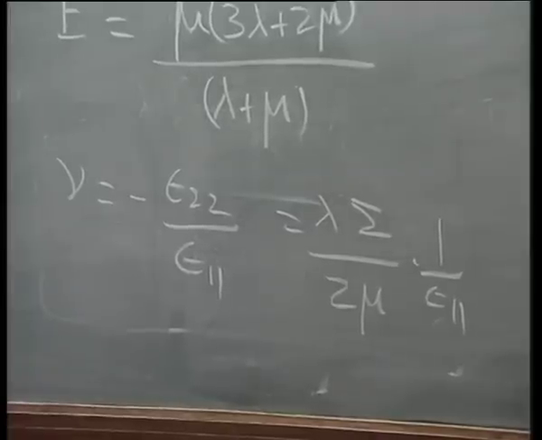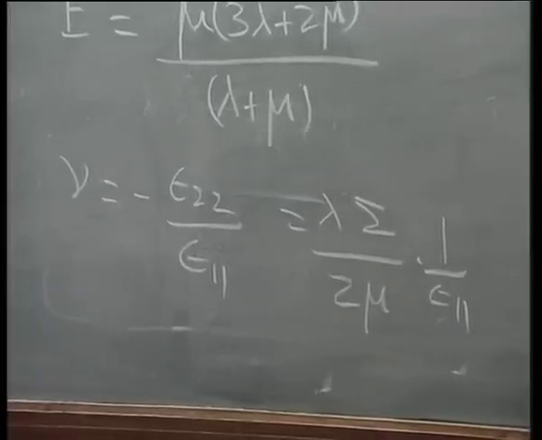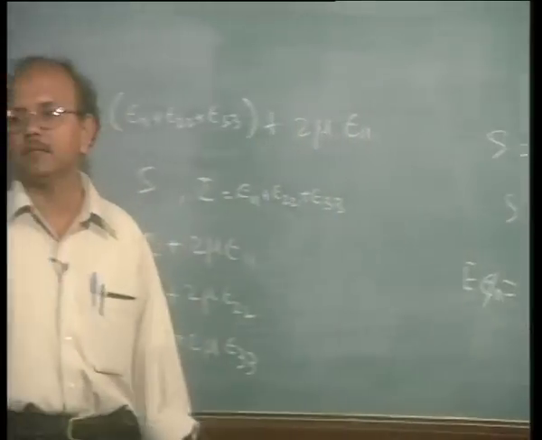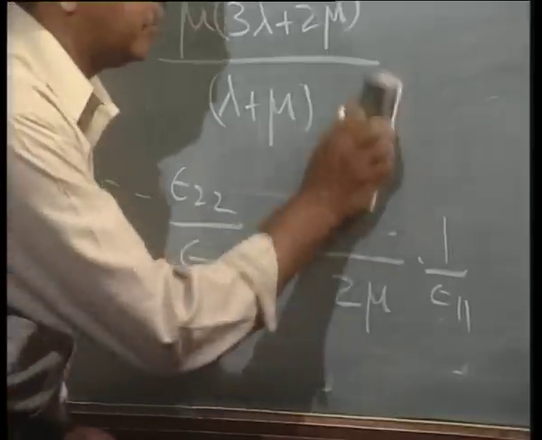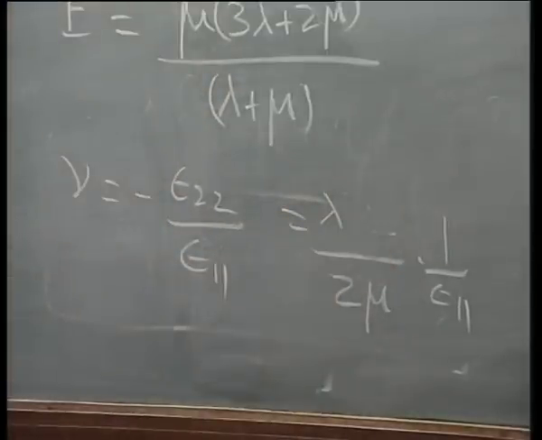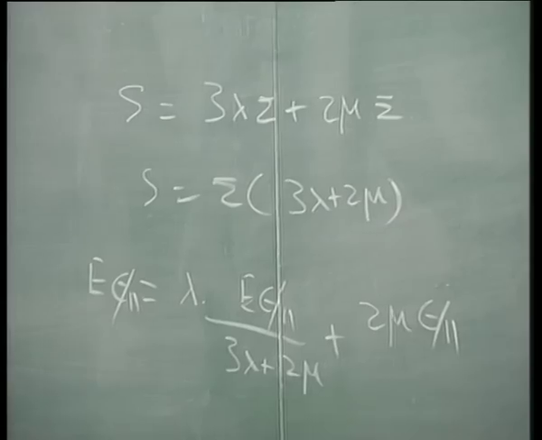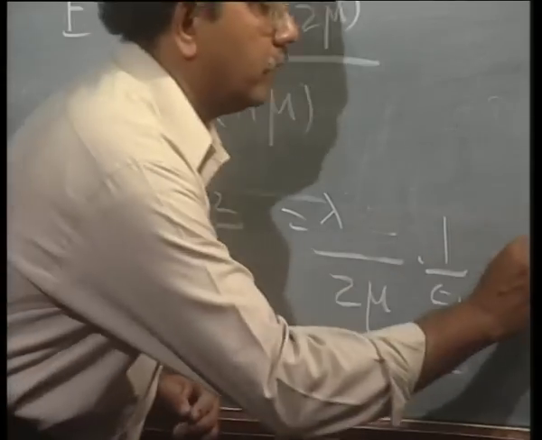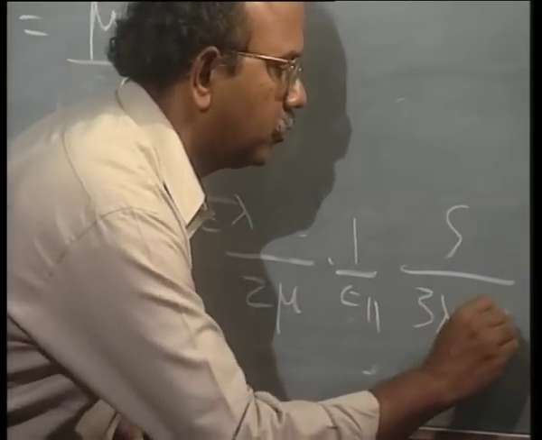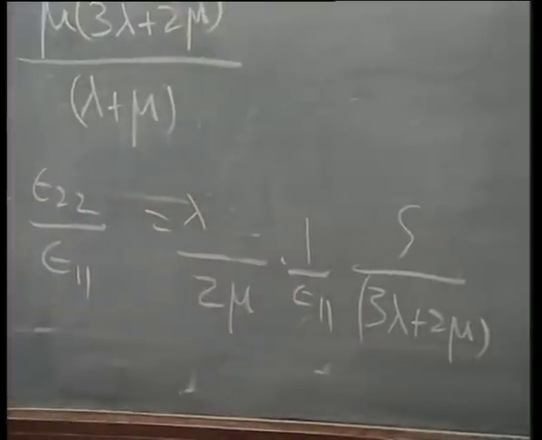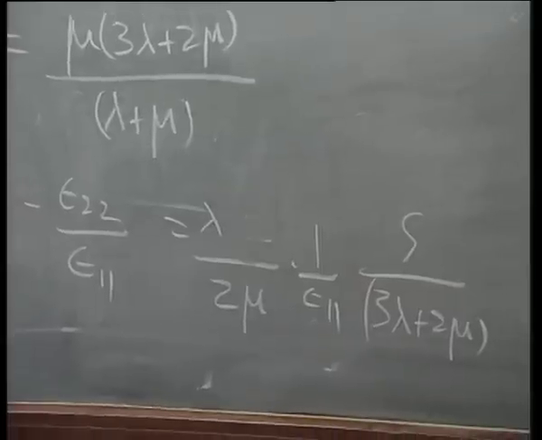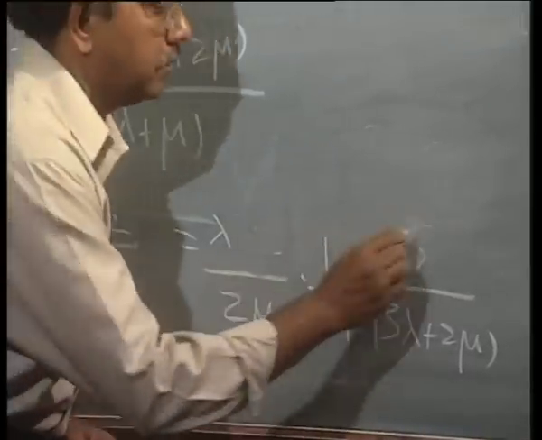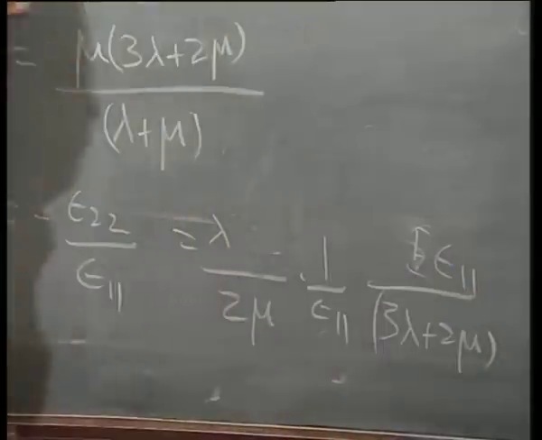So let me write that down: nu is equal to lambda sigma divided by 2 mu into 1 divided by epsilon 11. Now I know what things I know. I know sigma is equal to S divided by 3 lambda plus 2 mu. This is just small algebraic jugglery, nothing else I am doing. Now what is S? S is E into epsilon 11.